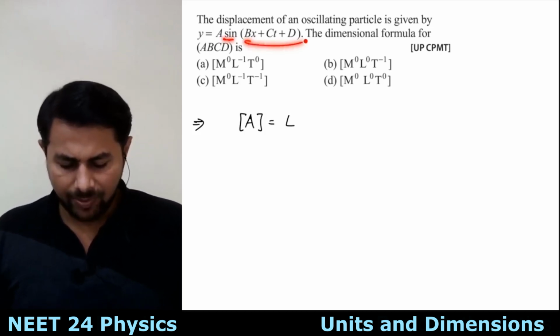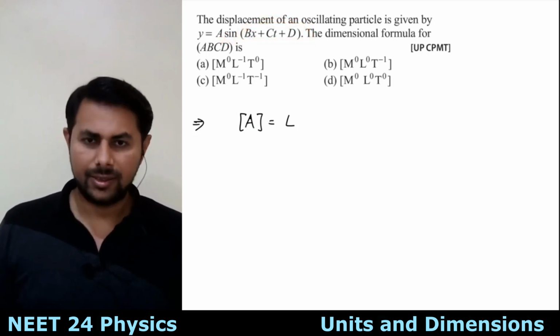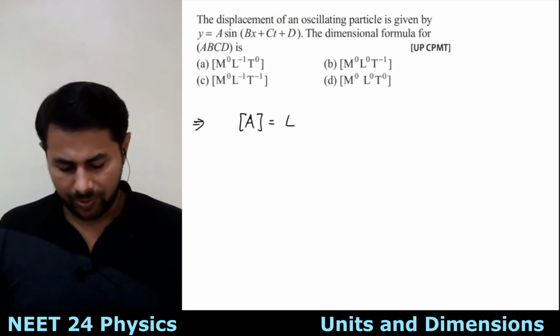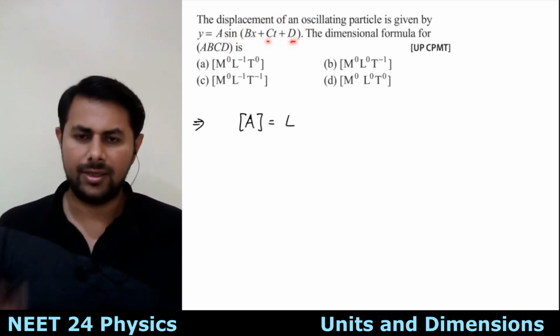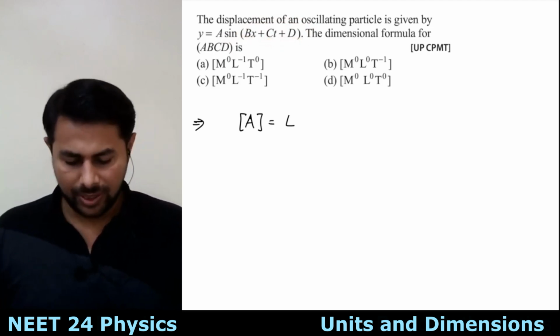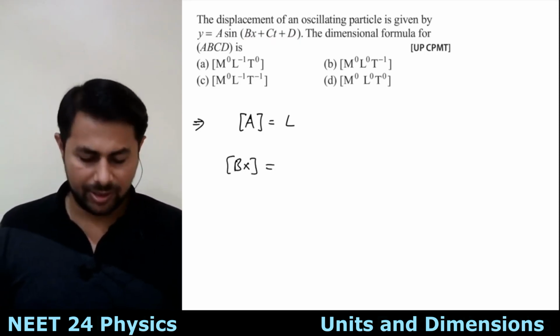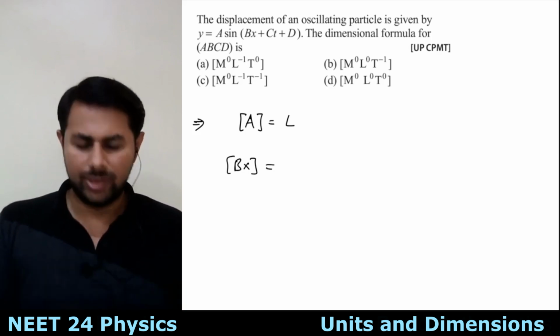Then the sine of an angle, so angle doesn't have any dimensions, right? We just saw angle doesn't have any dimensions. So therefore all these terms, three terms, bx, ct and d, they don't have any dimensions. So you can say that dimensions of bx, it doesn't have any dimension, means you can write this thing as anything raised to 0, right?